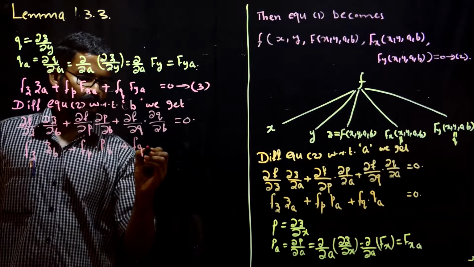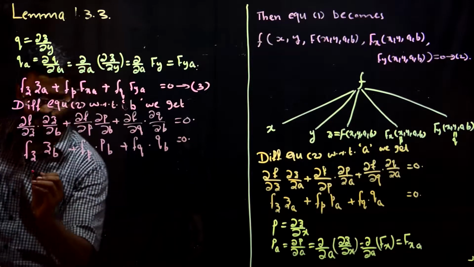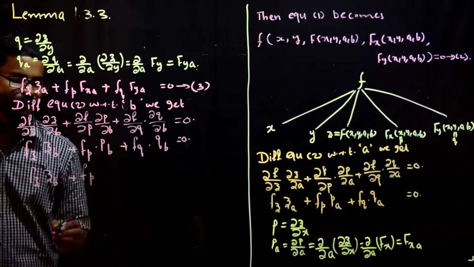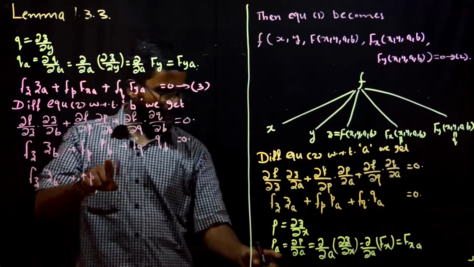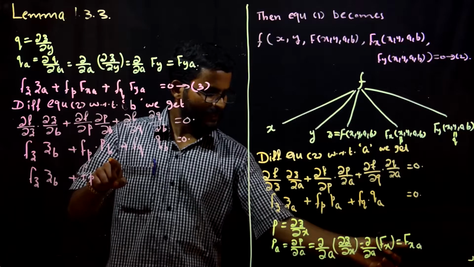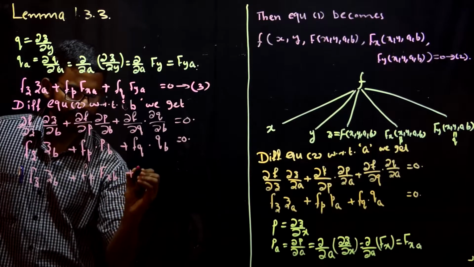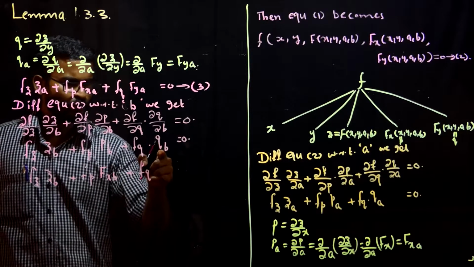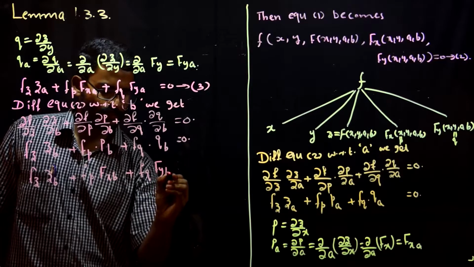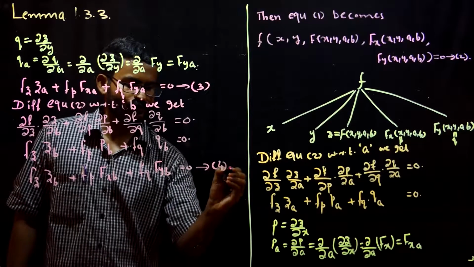By the same method, p_b is equal to F_xb, and q_b will be F_yb. So this is f_z into z_b plus f_p into F_xb plus f_q into F_yb equal to 0. Mark that as equation number 4.